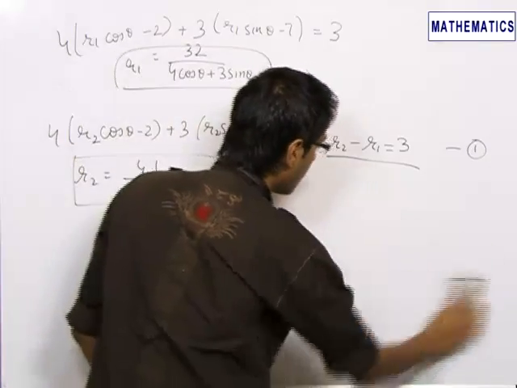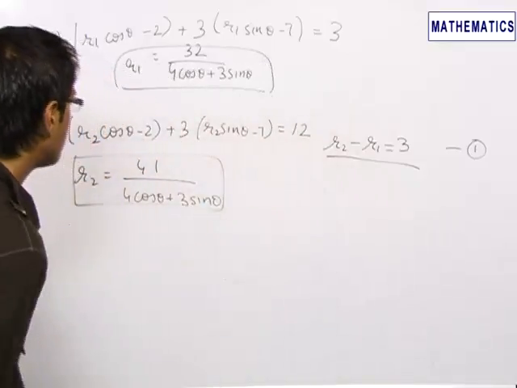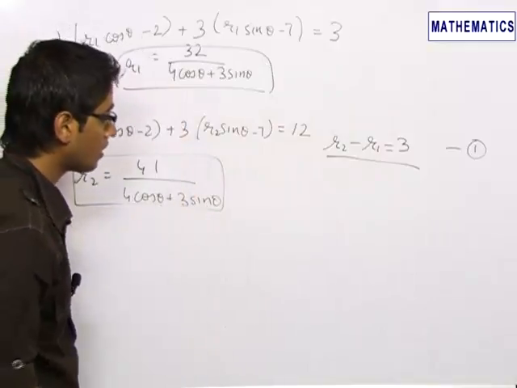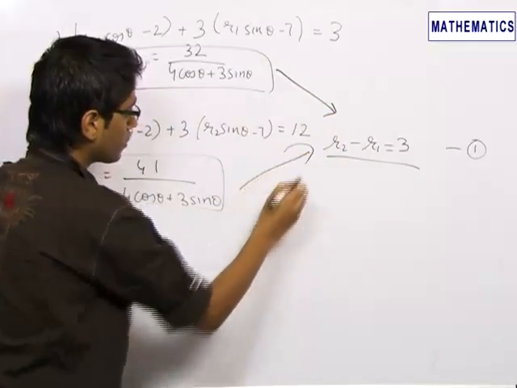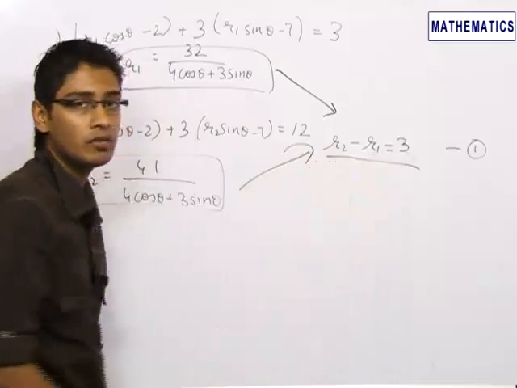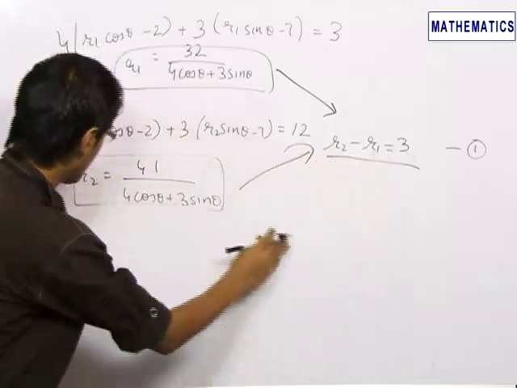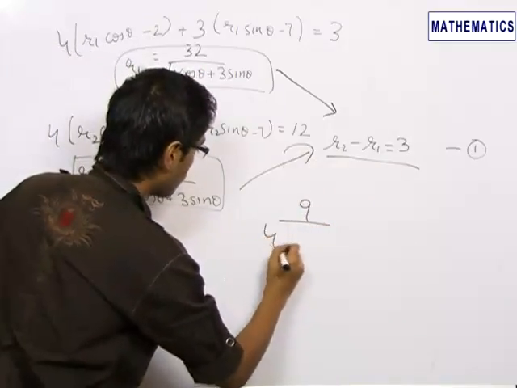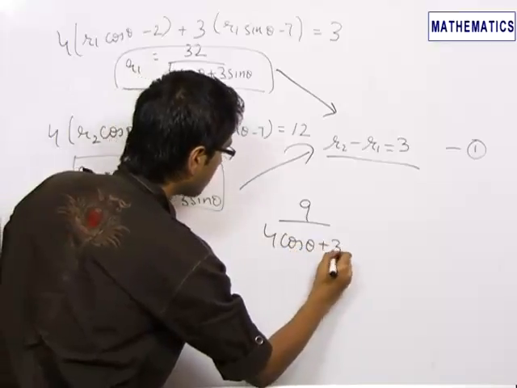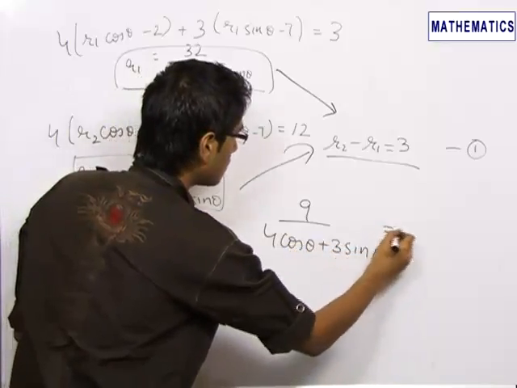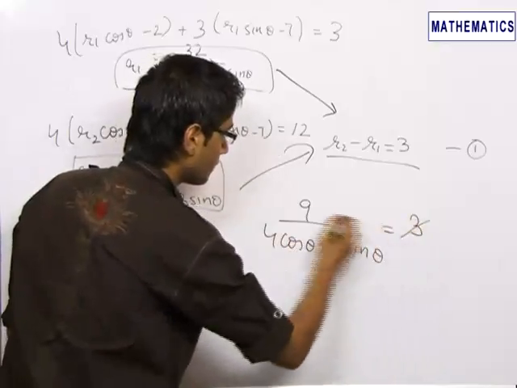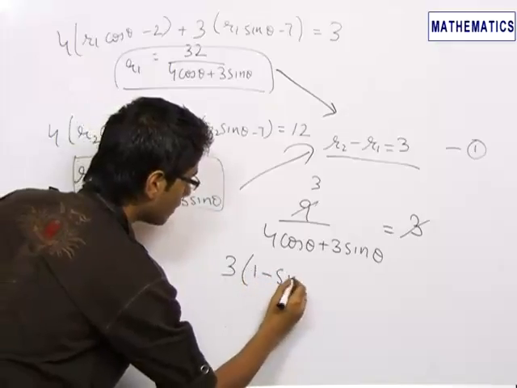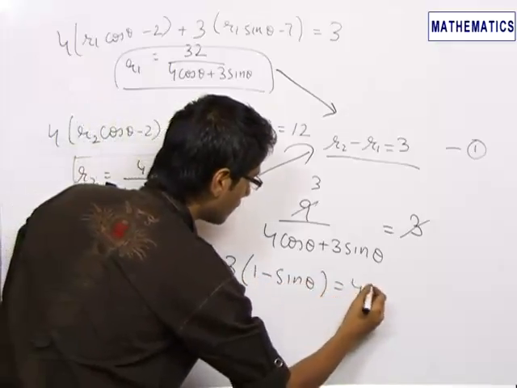Now we know both r2 and r1 in terms of cos theta and sin theta, and we can put them in the equation we know, r2 minus r1 equals the intercept between the two parallel lines, which is equal to 3. So r2 minus r1, we can clearly see, is equal to 9 upon (4 cos theta + 3 sin theta), which is equal to 3, which gives us 3(1 - sin theta) = 4 cos theta.